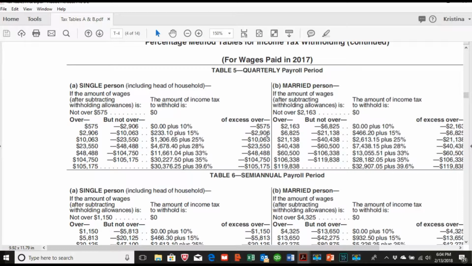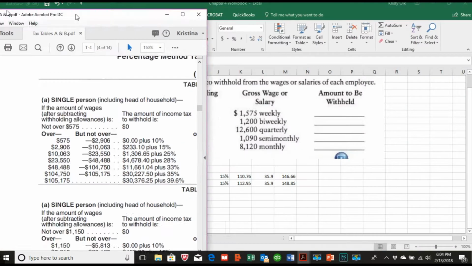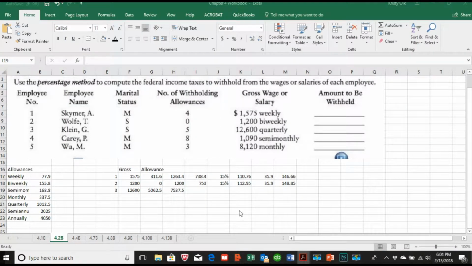So it's 15% of over 2906 plus 233.10. So what do we have in excess of the 2906? That's going to be attributed 15% to give us $694.72. His base was the 233.10. So his total withheld is going to be $927.83.